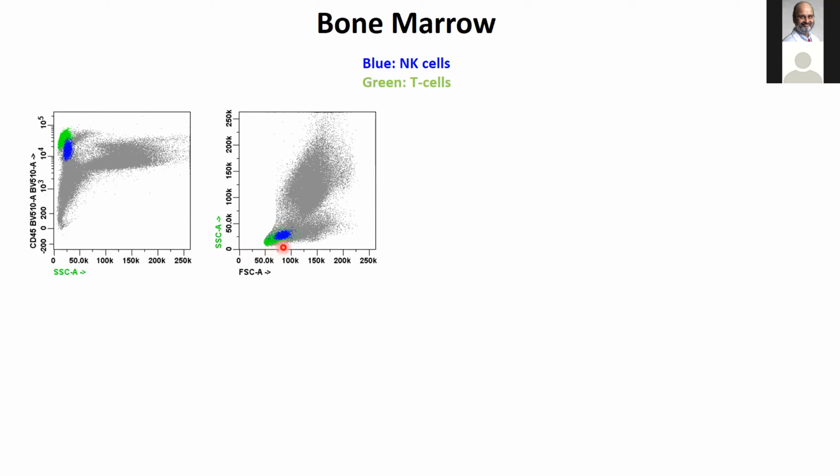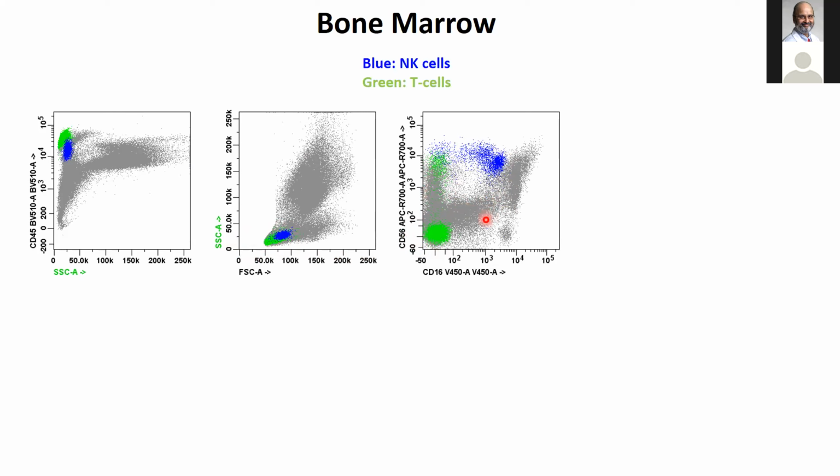If we were to look at CD56, we'd see that most of your NK cells express CD56, although there will be a few NK cells that do not. Now, NK cells have a lot of different subsets functionally, depending on their differentiation and maturation states. And you can see here there are two broad subsets: a CD16 negative subset and a CD16 positive subset.